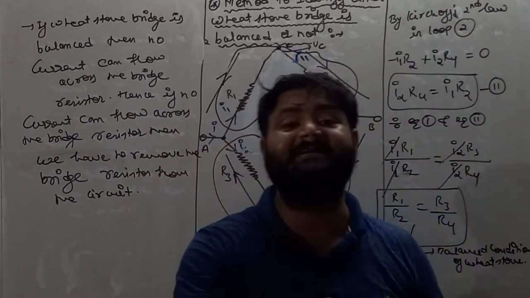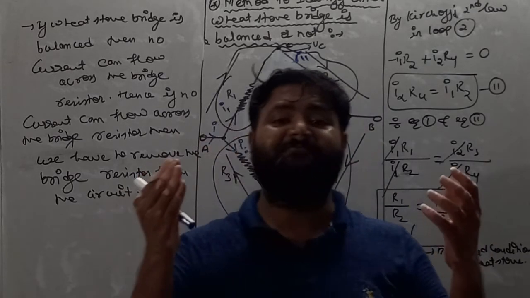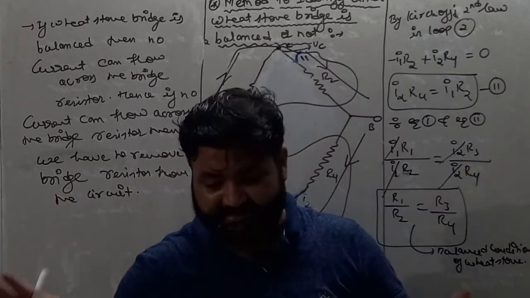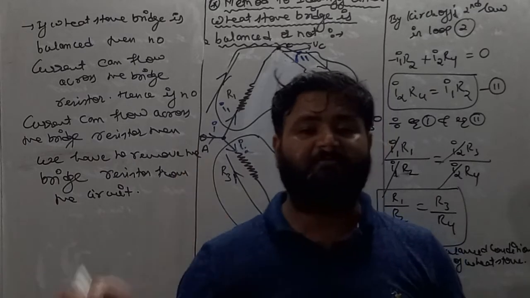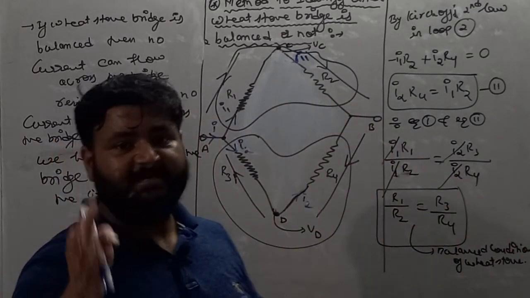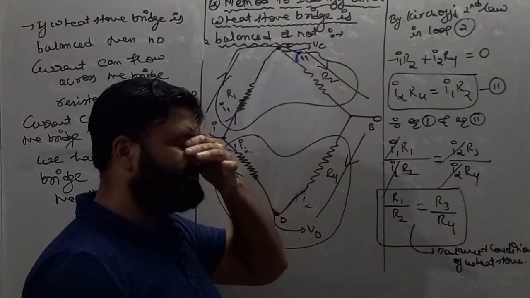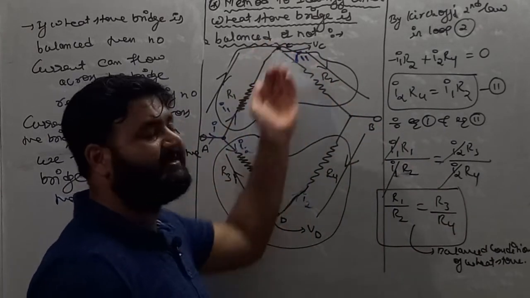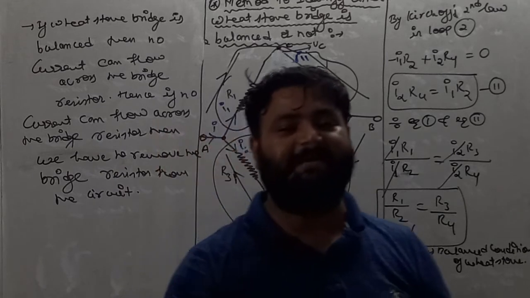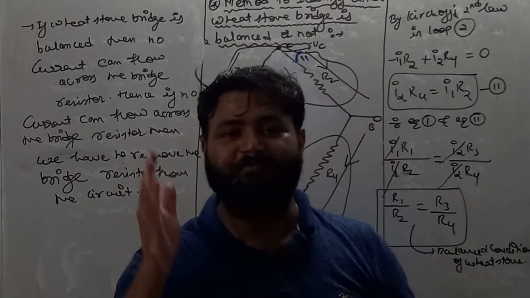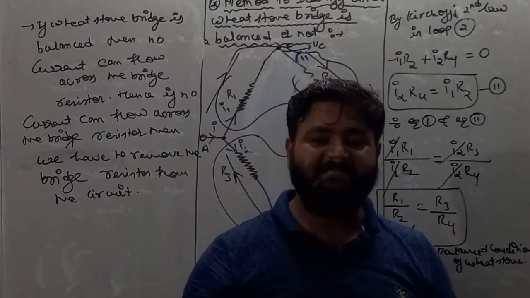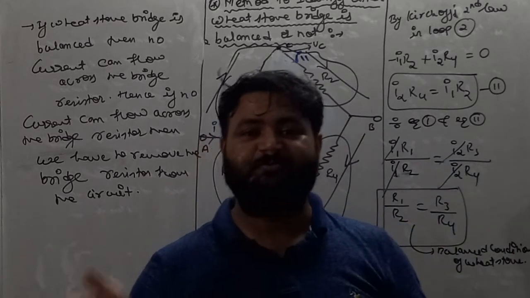If no current is flowing across that resistor, we don't need to carry it forward, because if the bridge is balanced, no current flows across the bridge resistor as the potential across it is the same. So this is how we solve the balance condition of the Wheatstone bridge.